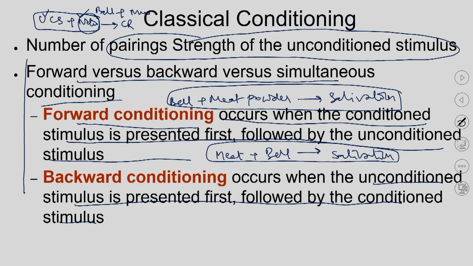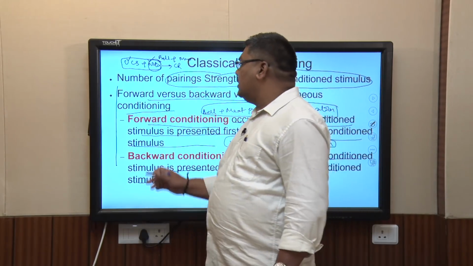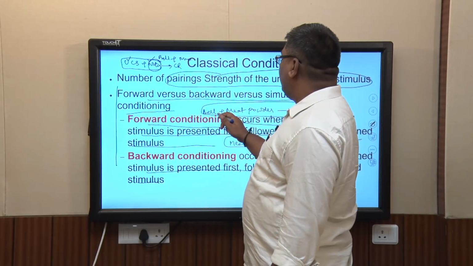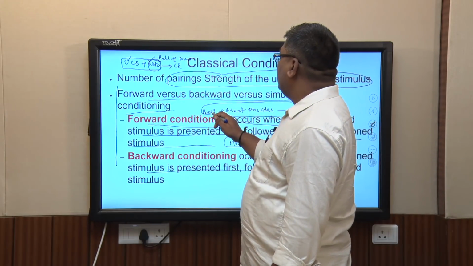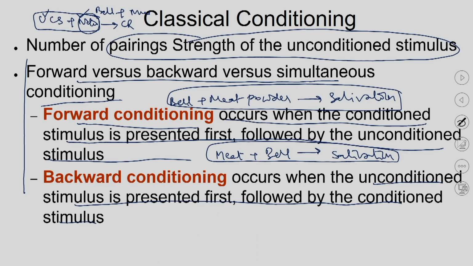Generally speaking, forward conditioning is very easy. In terms of the consumer problem, if the jingle comes before the brand of soft drink and positive emotion results, this is called forward conditioning. But if the brand comes first and the jingle comes afterwards, this is called backward conditioning.